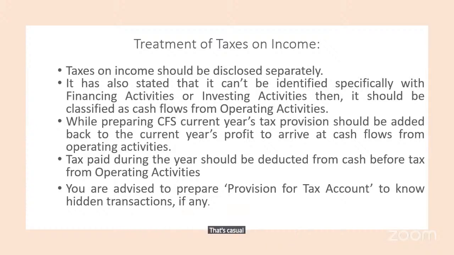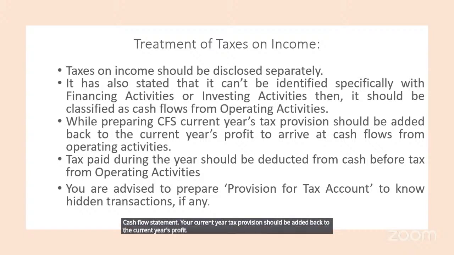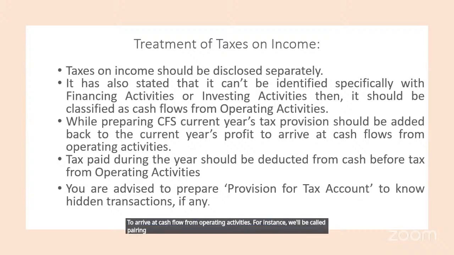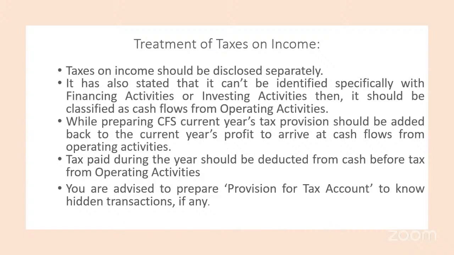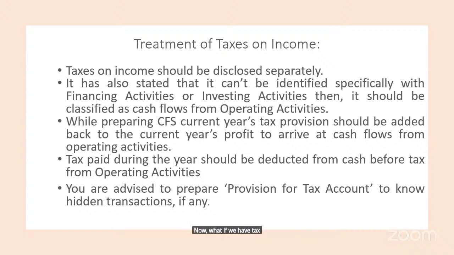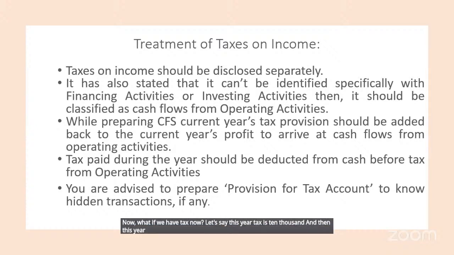While preparing the cash flow statement, your current year tax provision should be added back to the current year's profit to arrive at cash flow from operating activities. For instance, we'll be comparing the previous year and the current year. Let's say this year tax is 10,000 and this year profit is 15,000.